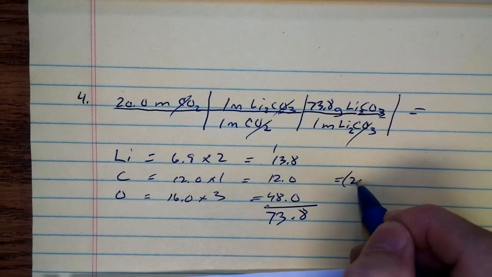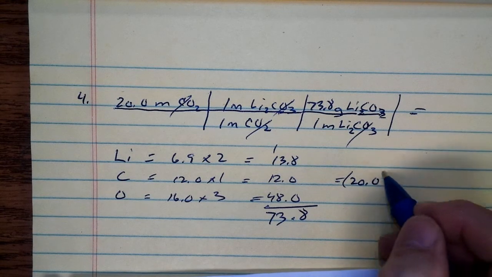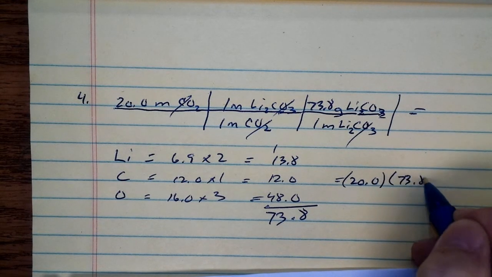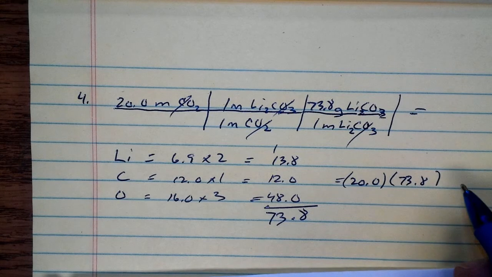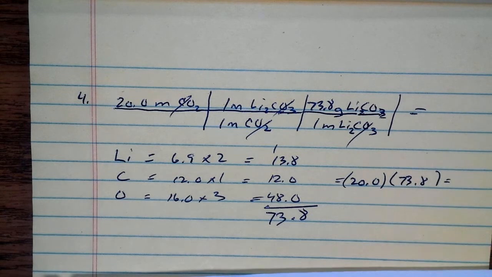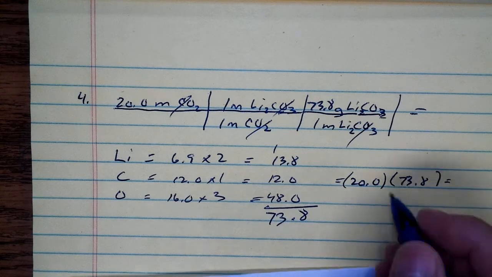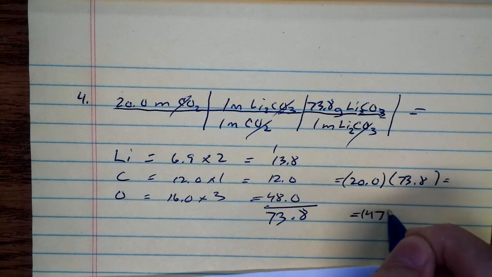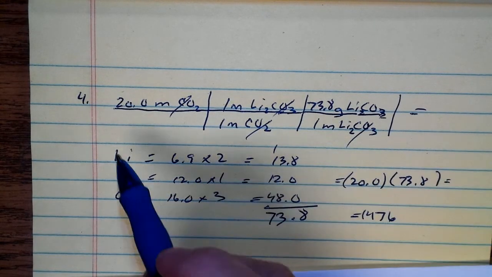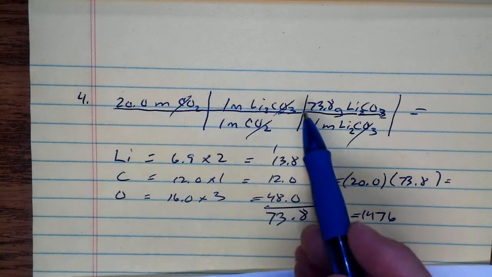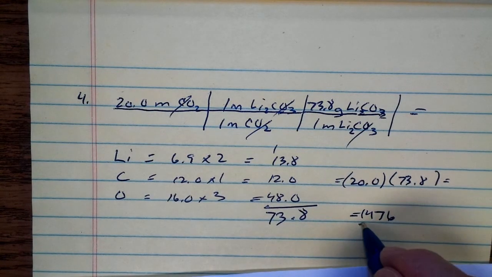Now, pull our numbers over. It's equal to 20.0 times 73.8, and that's it. The rest are 1s. So let's get out this handy dandy cheap calculator here. 20 times 73.8 is 1476. Now we want 3 sig figs because we're limited there, and we got 3, so we want 3.